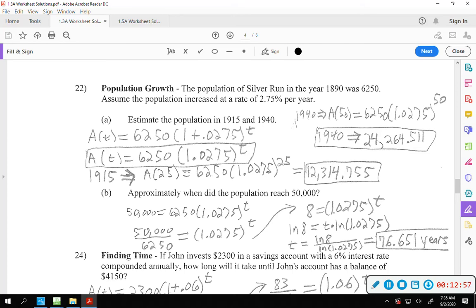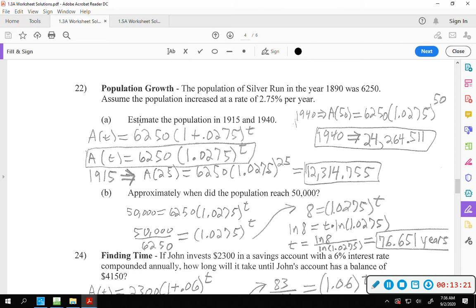Remember, we're using the exponential growth model, which is the initial amount times, if it's a growth, it's 1 plus the rate raised to the time. In this case, they're giving us everything but the time. I'm sorry, they are going to give us the time here, okay? But we use this rate.